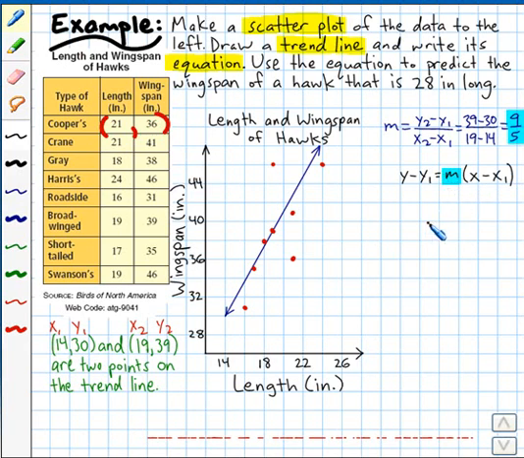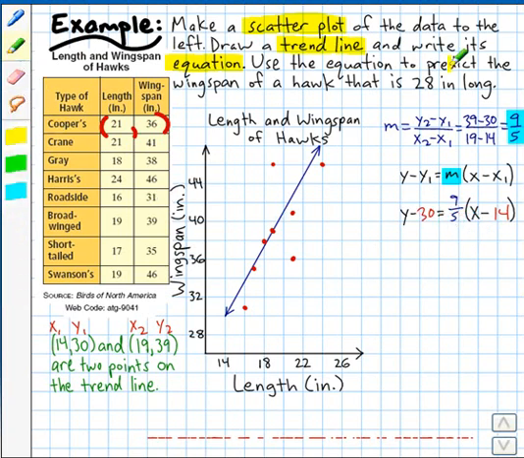So here's what our equation will look like. We'll have y minus 30 is equal to 9/5 times the quantity x minus 14. This is our equation for the trend line.